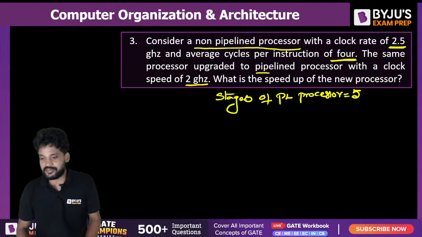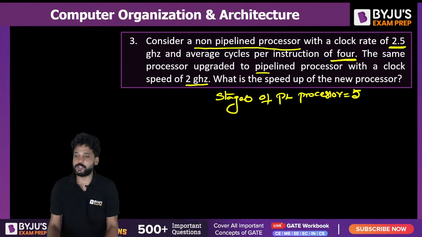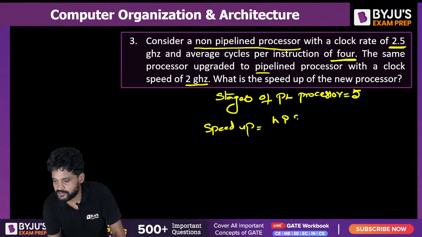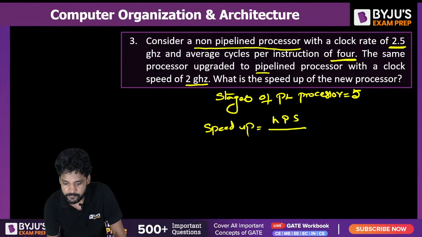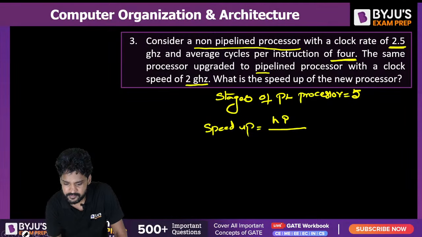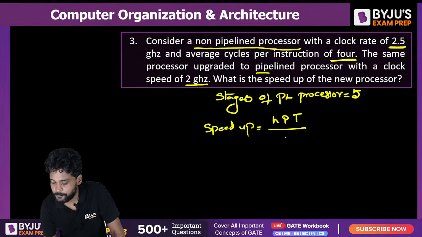Now understand how we'll be able to get the speed up. The speed up is equal to the non-pipeline processor time, NPT, divided by the pipeline processor's time.